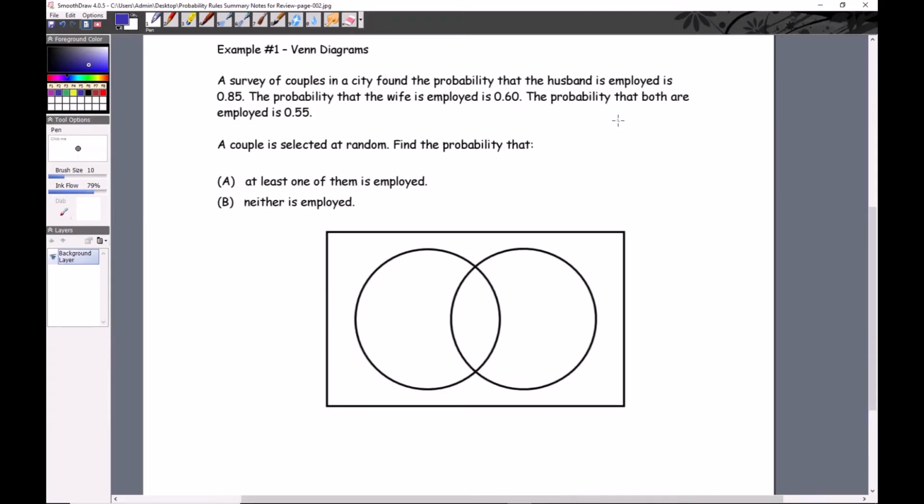All right, so looking back at the general addition rule, this is an example using a Venn diagram. You've got a survey of couples in a city, and the probability that the husband is employed is 0.85. A good thing to do with these problems is to define the variables. So event A is that the husband is employed.